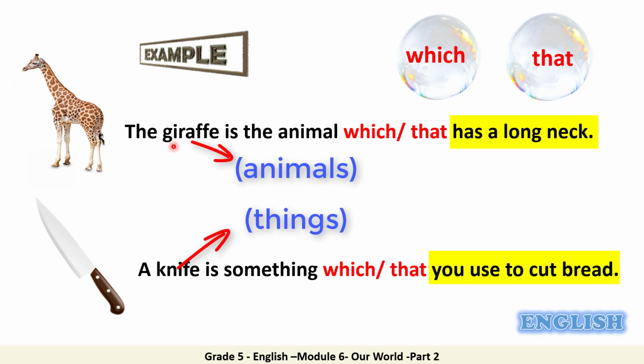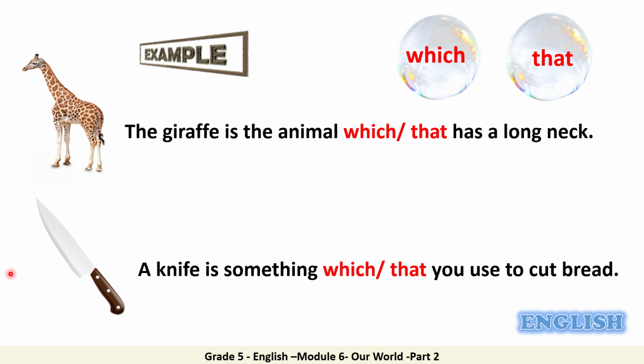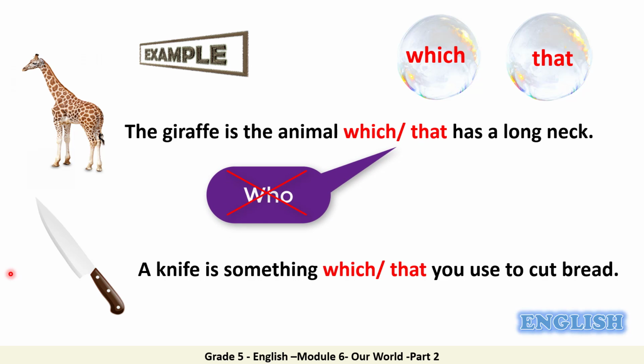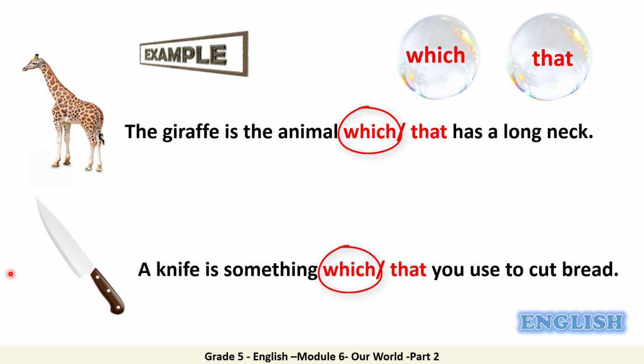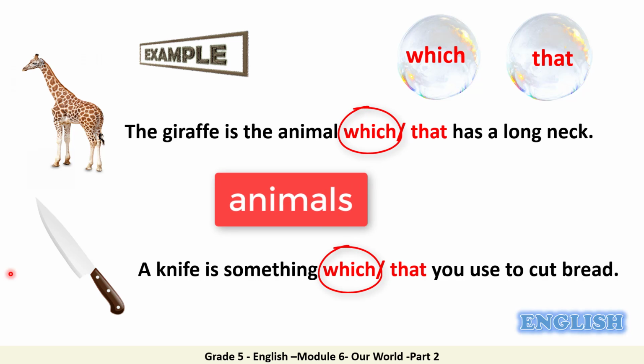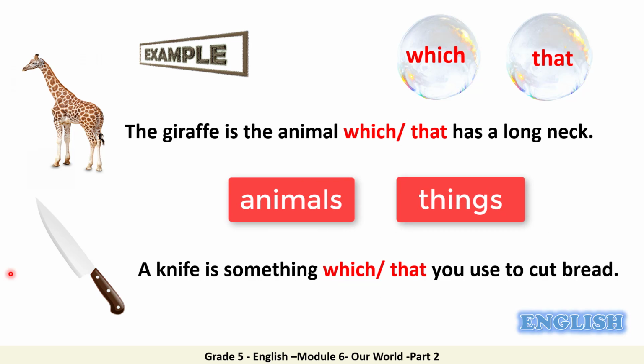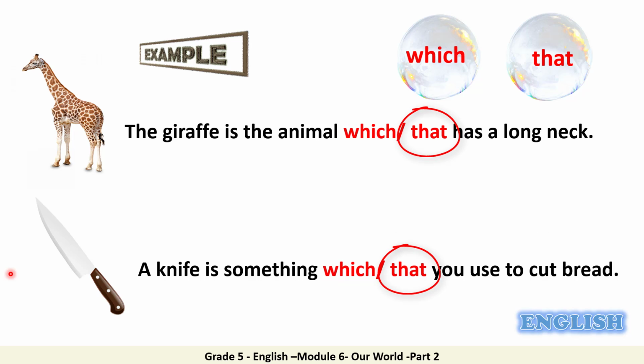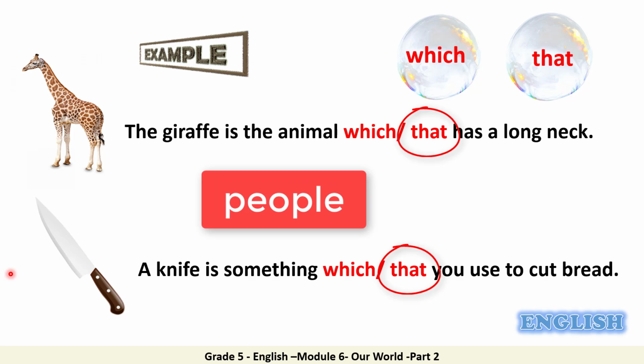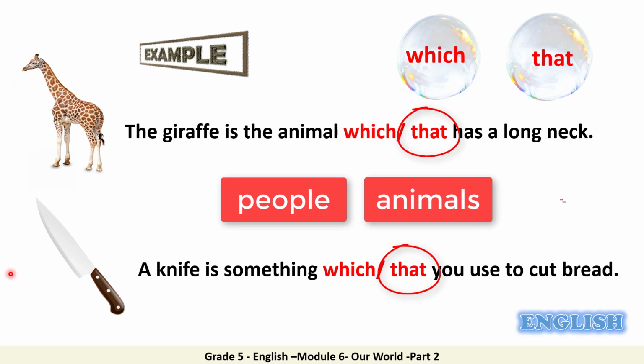I mean, not people, you know? Like the giraffe here and the knife here. And notice that we cannot use who here. Who is only used with people, and which is only used with animals and things. But this lucky one, that, can be used with people and animals and things. Clear, my friends?